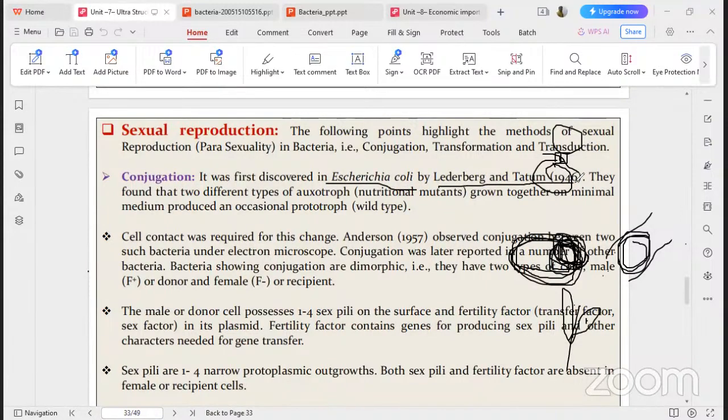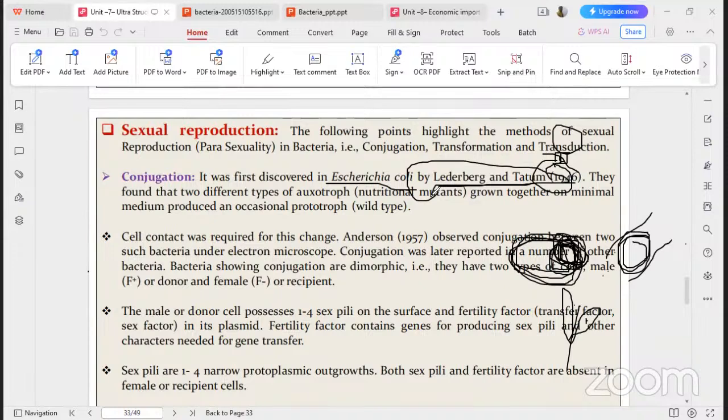Very important, asked in many competitive exams: in which bacteria was conjugation first discovered? E. coli. By whom? Lederberg and Tatum.